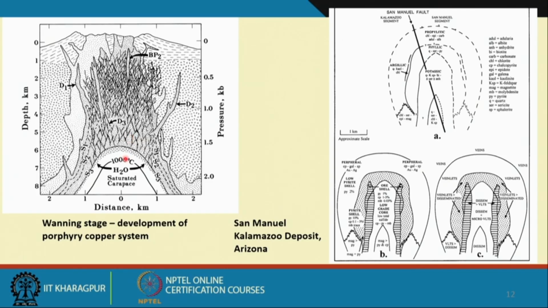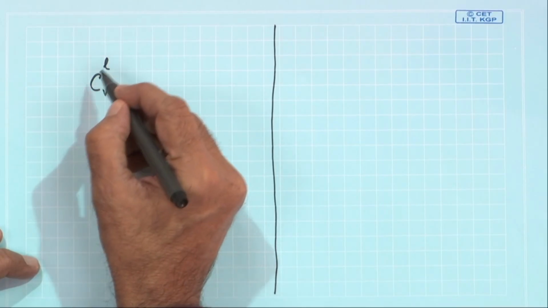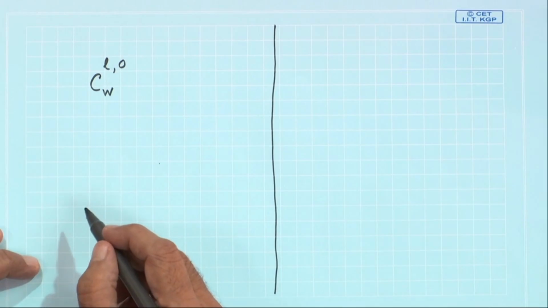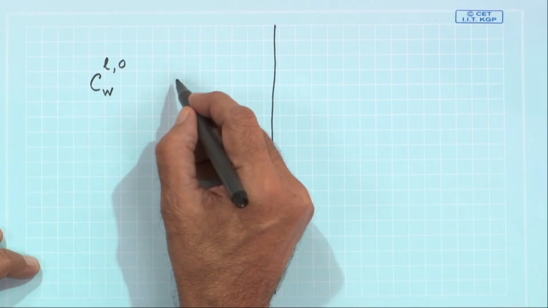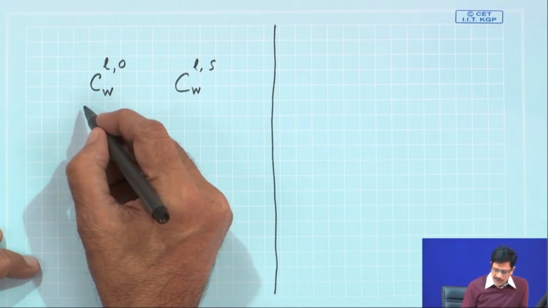They are the critical parameter, the ratio that we get by dividing the original water content, which we can represent as the concentration of water in the melt initially, as C_W^L0, to the value of water at saturation.